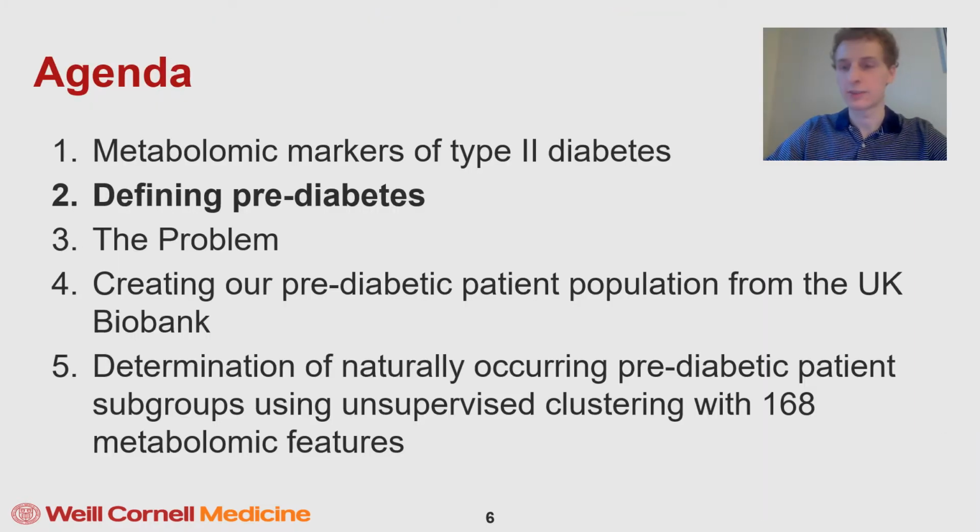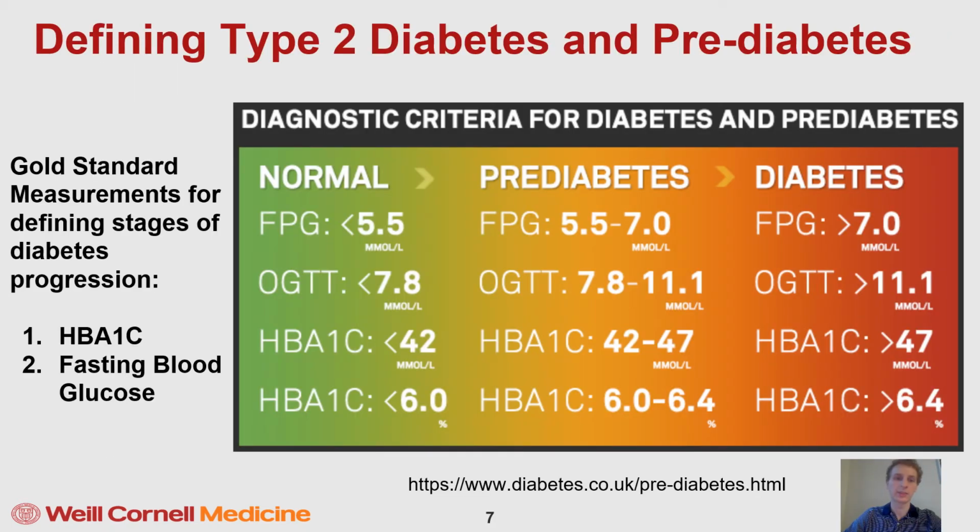Next, we define prediabetes. Now, the gold standard measurements in the clinic for defining these stages of diabetes progression are the glycated hemoglobin, or HbA1c, and fasting blood glucose. FPG is fasting plasma glucose here.